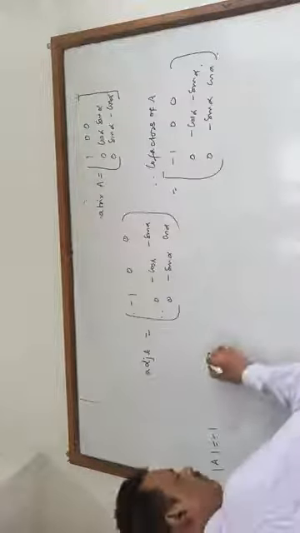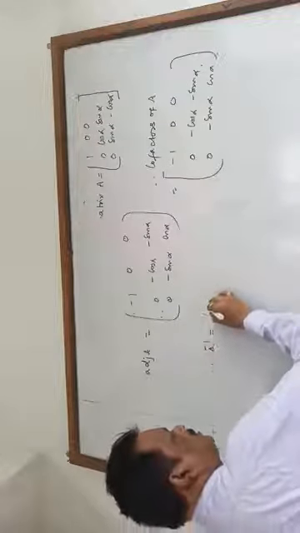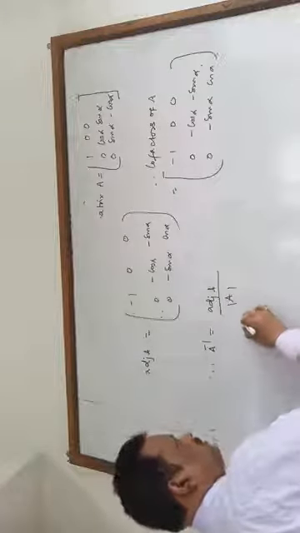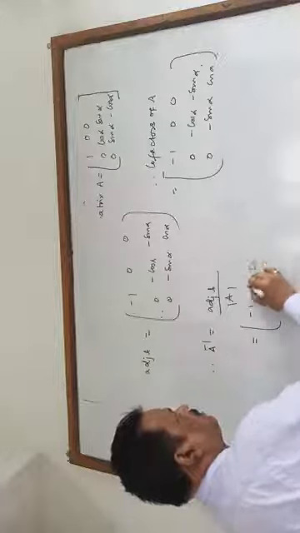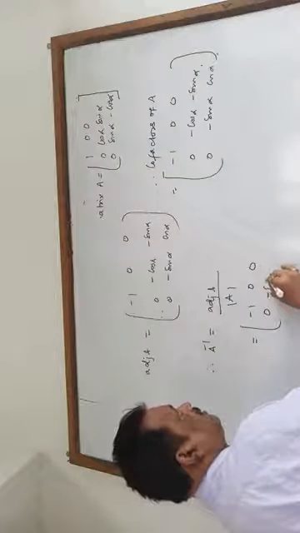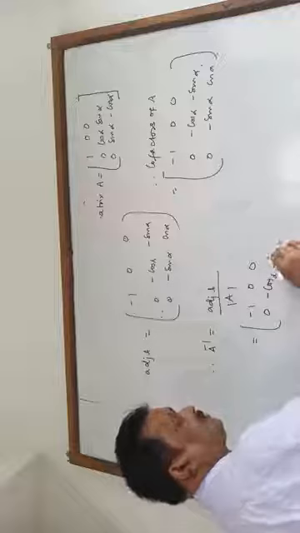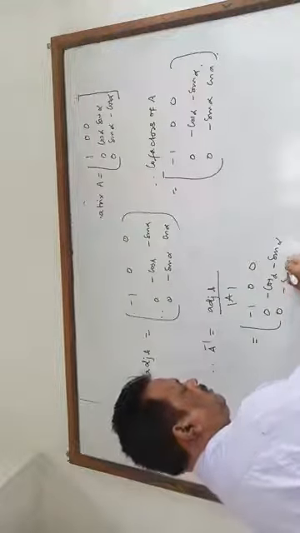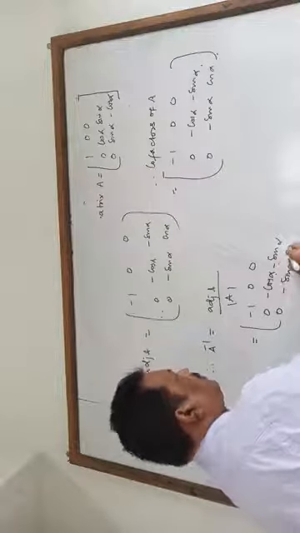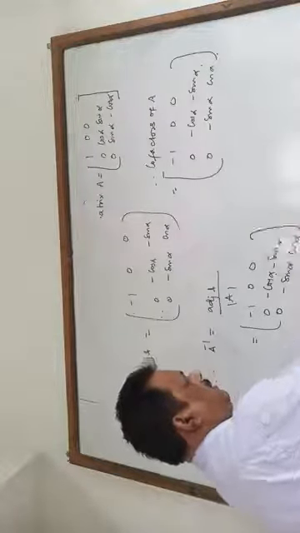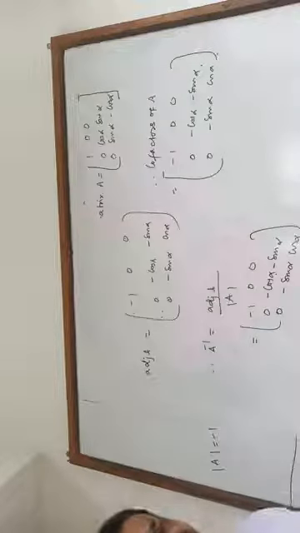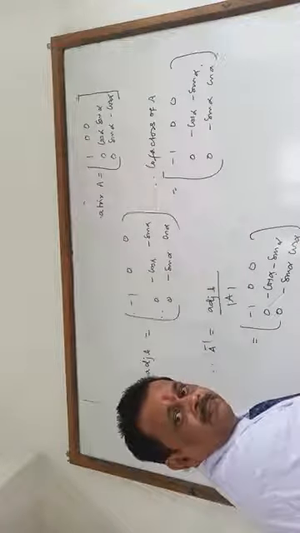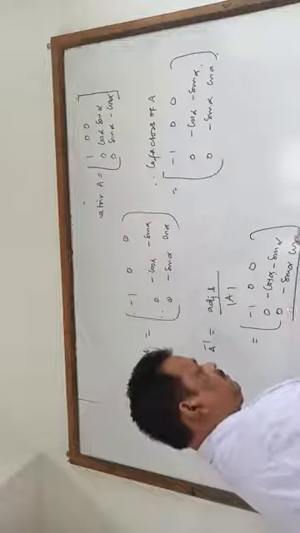Then A inverse is adjoint of A by determinant of A. So minus 1 0 0, 0 minus cos alpha minus sin alpha, then 0 minus sin alpha cos alpha, divided by minus 1.